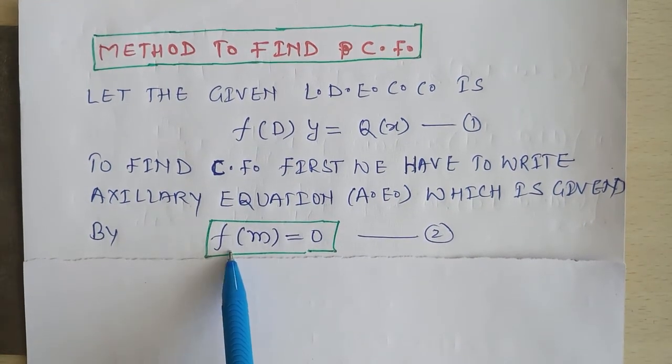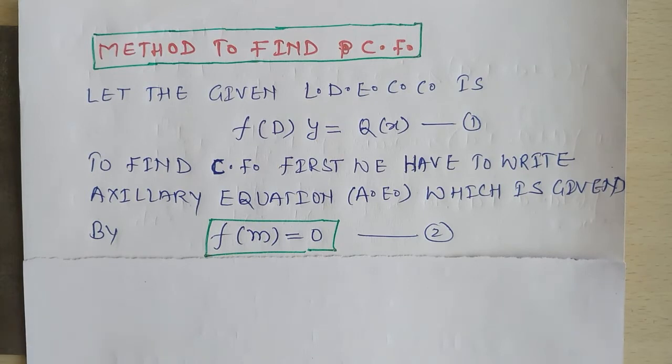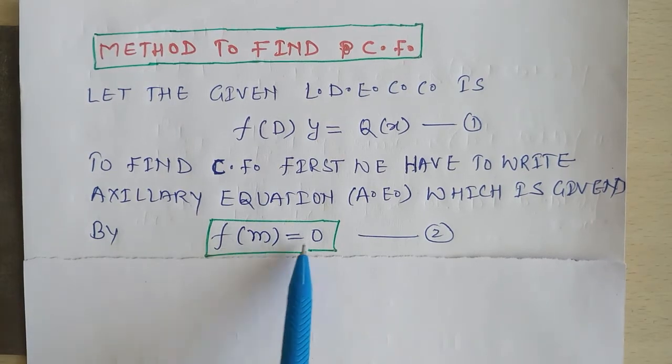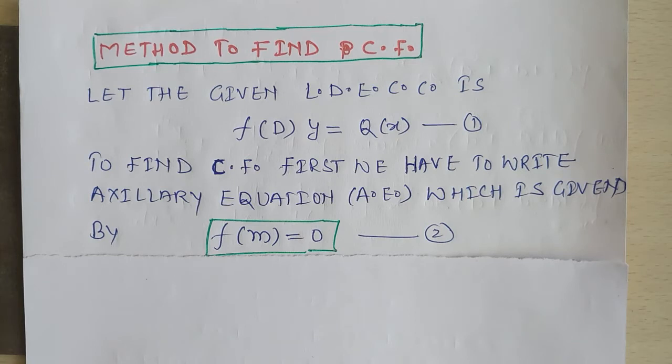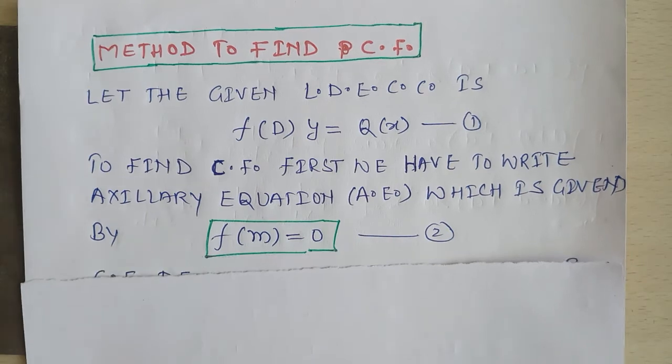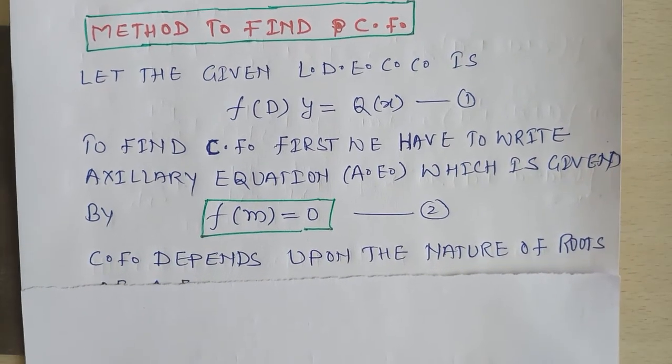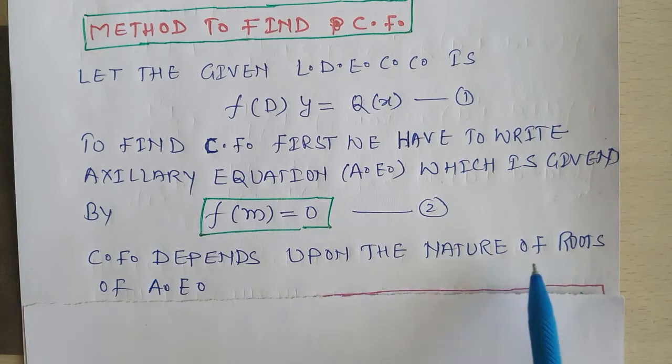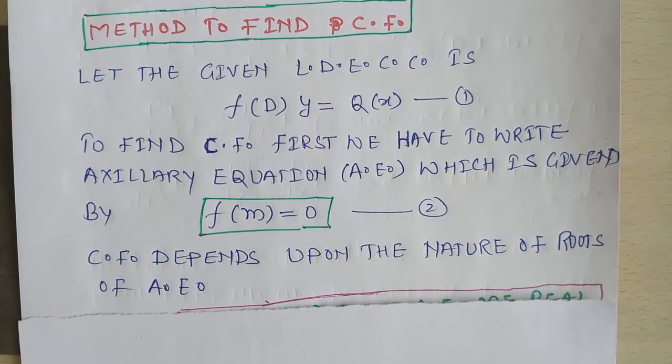So the auxiliary equation is f(m) equal to 0. Now the complementary function depends upon the nature of the roots of the auxiliary equation.